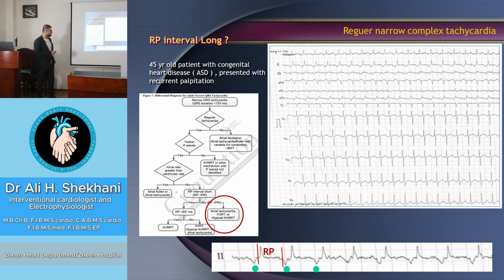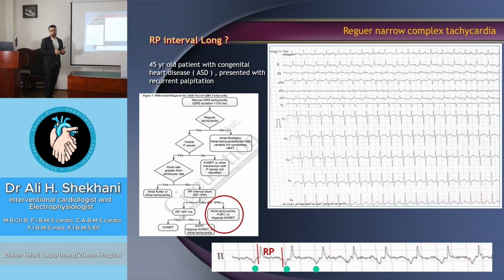So almost always check the RP interval and look for the P wave. In summary, in any narrow complex tachycardia, the first step is whether it is regular or irregular. If it is irregular, we have atrial fibrillation, or atrial tachycardia or flutter with variable AV block, or multifocal atrial tachycardia.